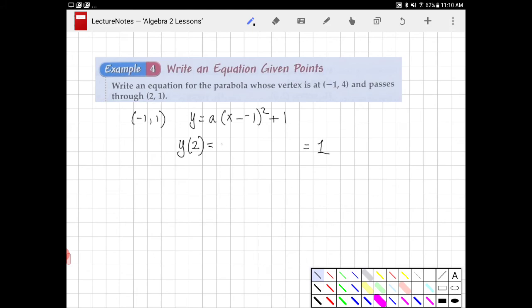So wherever I see x, I'm going to replace it with 2. And the only unknown I have is a, so I can figure out what a is. So this turns into 3 squared, which is 9. 9a plus 1 is equal to 1.